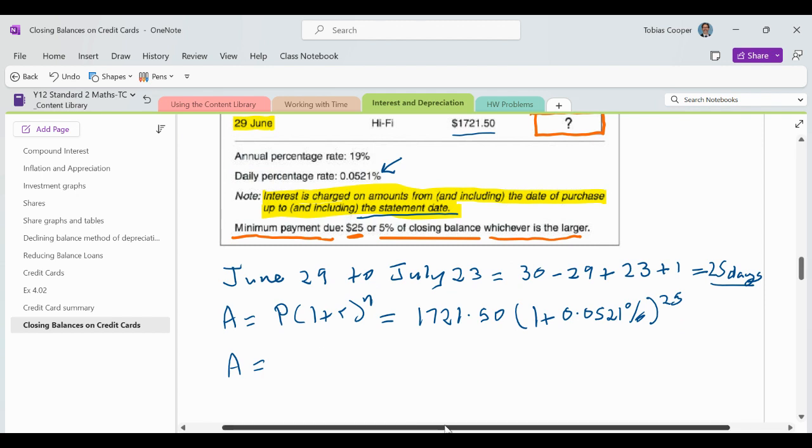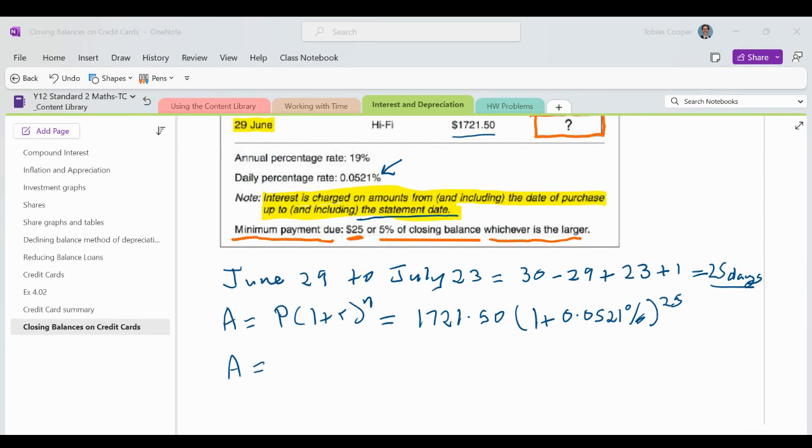So on your calculator, you're going to type in 1721.5 brackets, 1 plus 0.0521%. Now we're not dividing by 365 here because this is the daily interest rate we're given, into the power of 25.